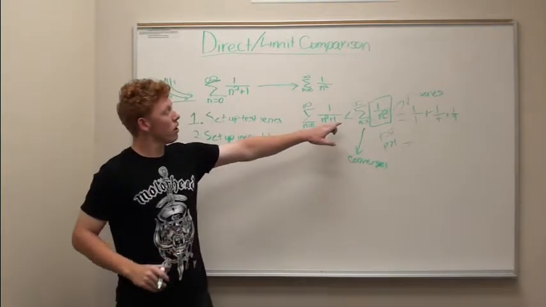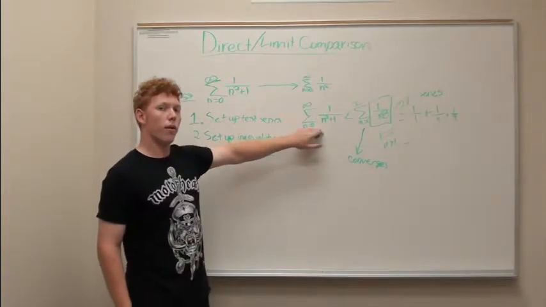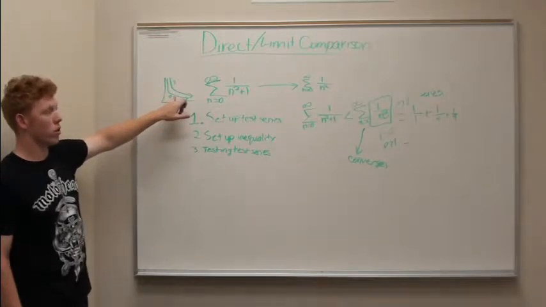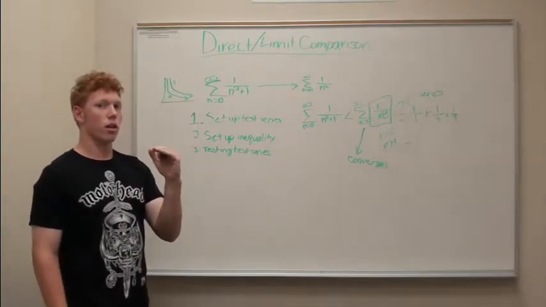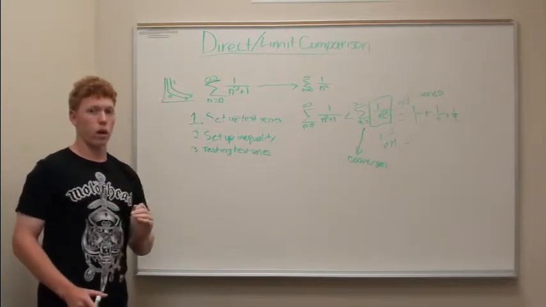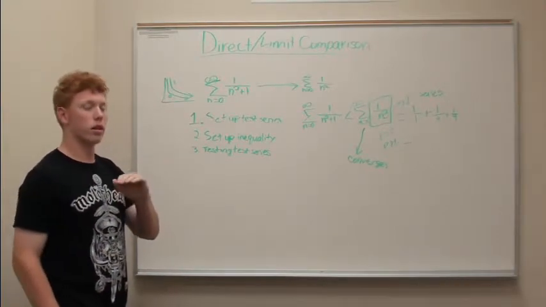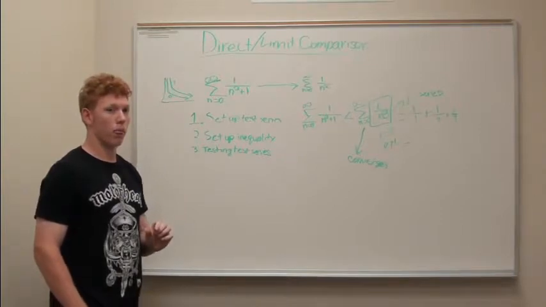And now since this series is larger than this series, and going back to the graph, the test series is larger than the original. That means if a larger series is convergent, the smaller series is convergent as well. Simply because the larger convergent series is holding the smaller convergent series to a finite number.